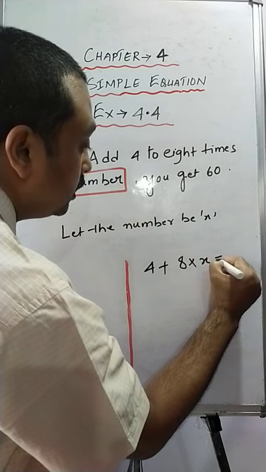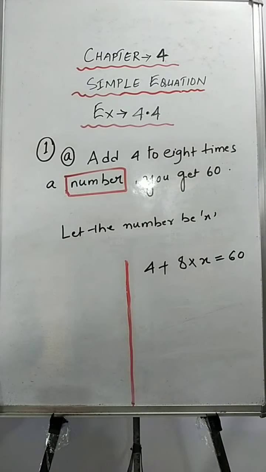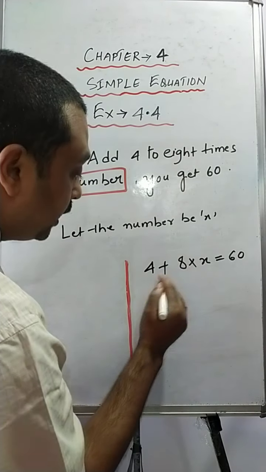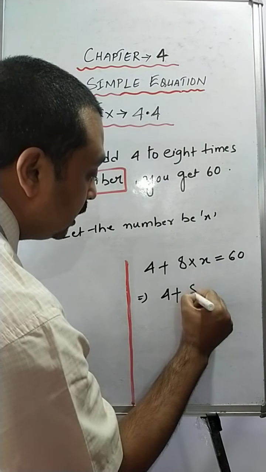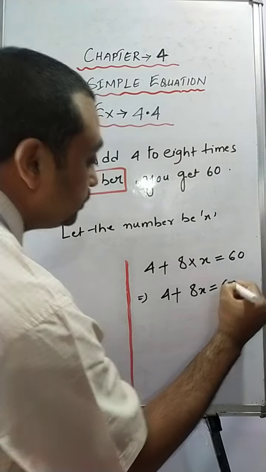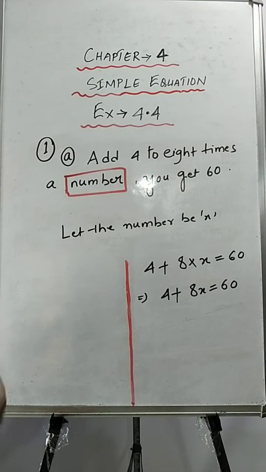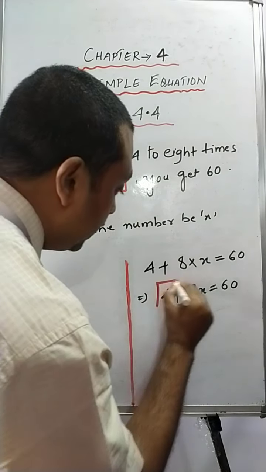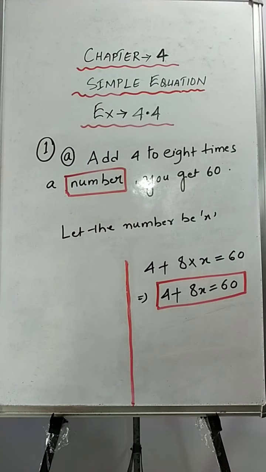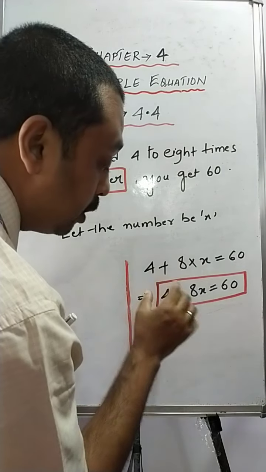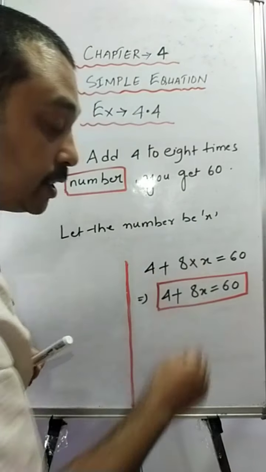So you will get 60. So in the next step we will write 4 plus 8x equals 60. So this is the required equation. For this you will get 1 mark because you have formed the equation.